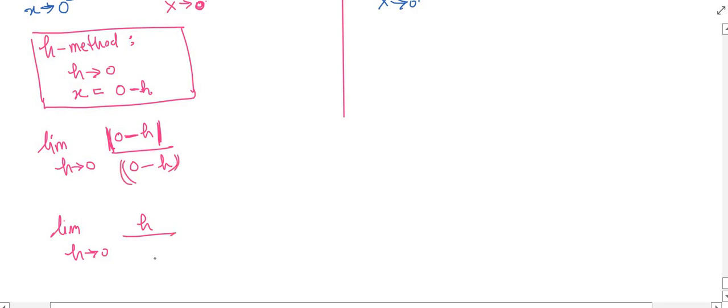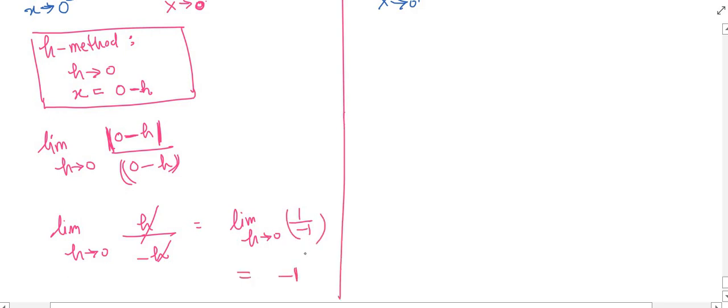And down is only minus h because there is no mod. h and h cancel. So I am getting limit h going to 0 of 1 by minus 1, so it is minus 1. We don't have to put any h because h got cancelled. So this is the left hand limit.